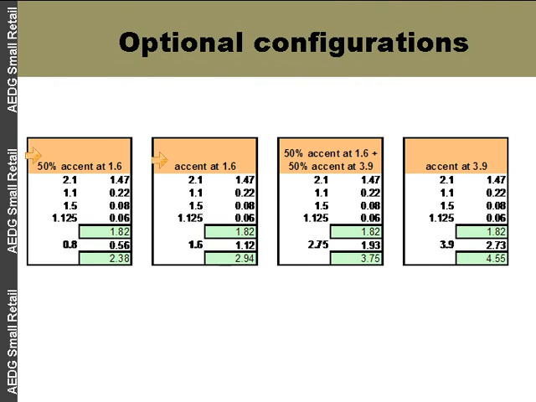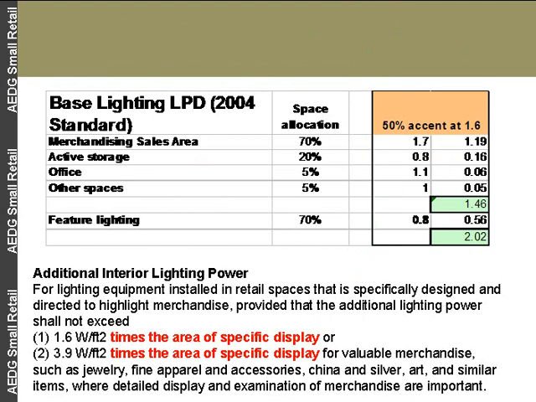The second one from the left-hand side, all 1.6 watts per square foot, and then total them up, we can see now if we're using that whole 1.6 watts per square foot, we're almost up to 3 watts per square foot, or the one on the far right-hand side, 70% of the space at 3.9, we're up to 4.55 watts per square foot. So that was done in the 99 standard.